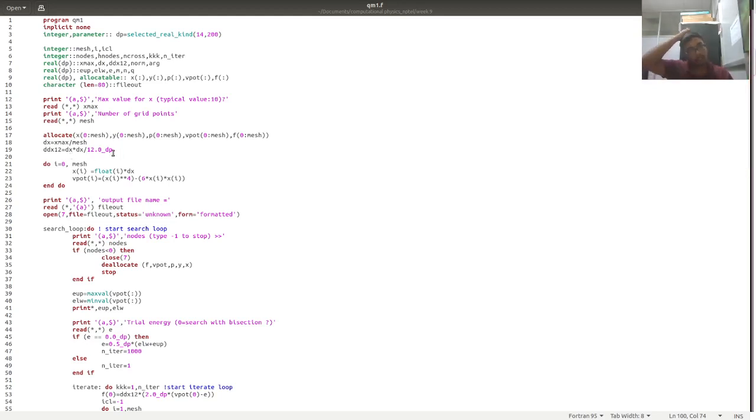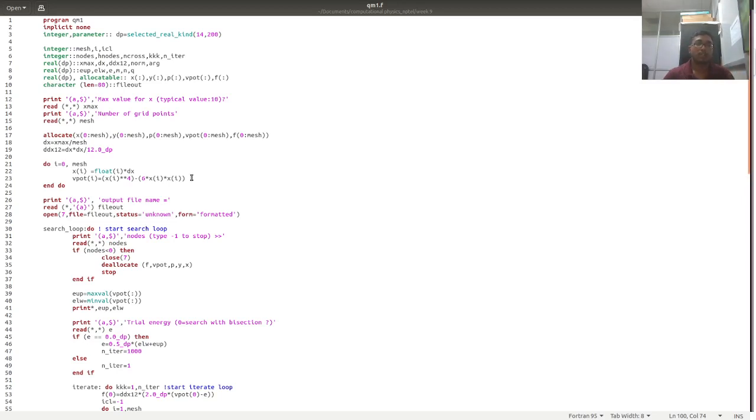If we follow the lectures carefully, then we can find out why we need to calculate this dx square by 12. That is some tedious calculation which can be found in the lectures, so I'm not going to depict all those things. What I do then is start a loop, and at each of the mesh points we are going to calculate the potential.